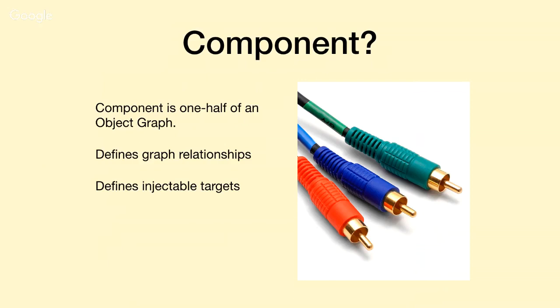So component is one half of this object graph concept from Dagger. Still Dagger 2 now, but the component will help you define your relationships throughout the graph, throughout the tree, how they're connected together, and it helps define where you're going to inject things to. Notably, it does not define how to create things.